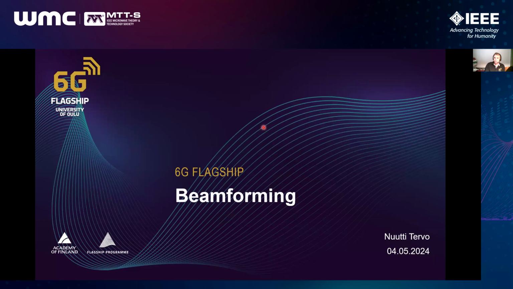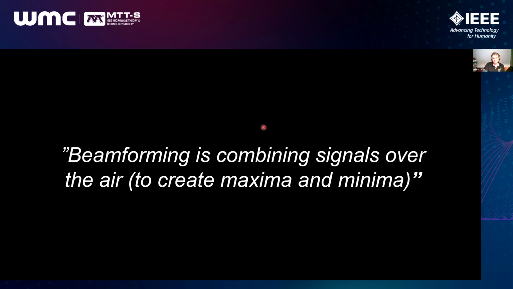Okay, in order to understand that, we need to understand a few basic small things about beamforming. I'm not going too much into any mathematical things. I think there was some discussion about those things before. I have very simple messages here. The first: beamforming is about combining signals over the air to create maxima and to create minima, to have coherent combining and this kind of cancellation combining.